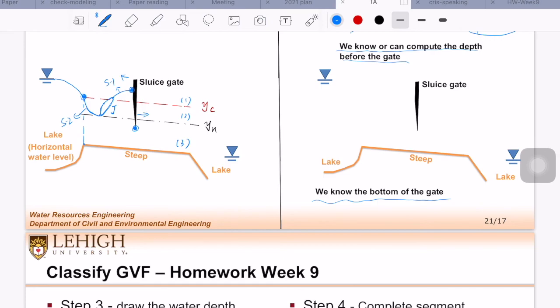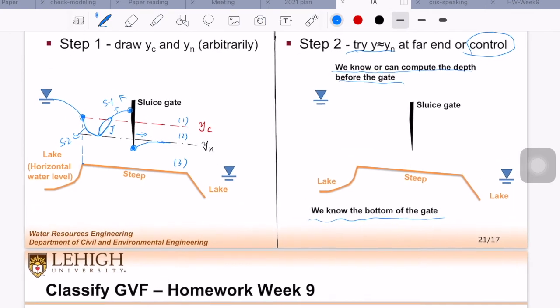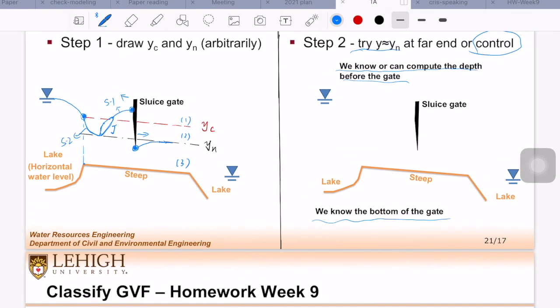And we also know this point is in the steep type 3 section, so the water surface should go up and approach the normal depth, and then fall to the lake surface.